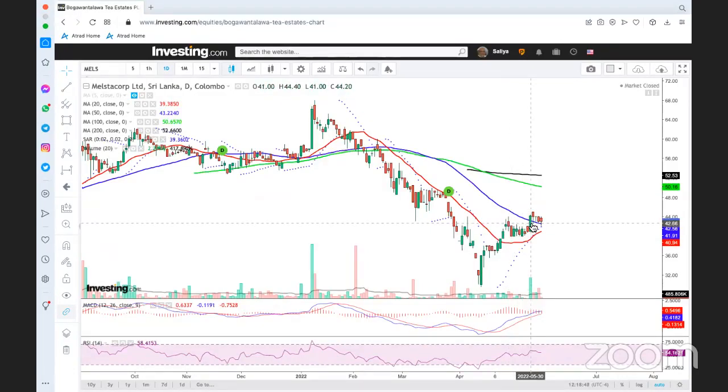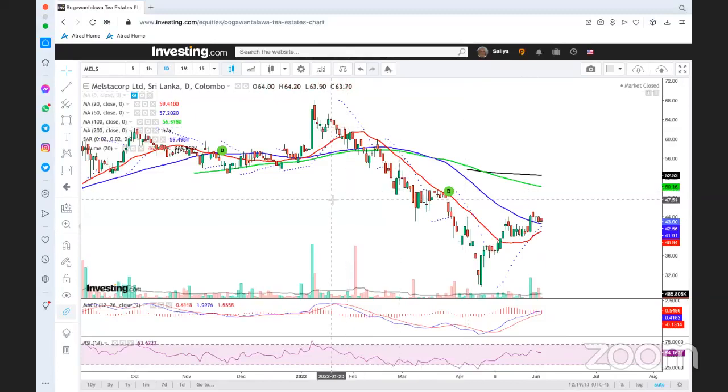Then it has broken above 44 rupees here, tried to go higher at 45 rupees, then again retraced, right? So based on the strength of the trend, it is still at an early stage.